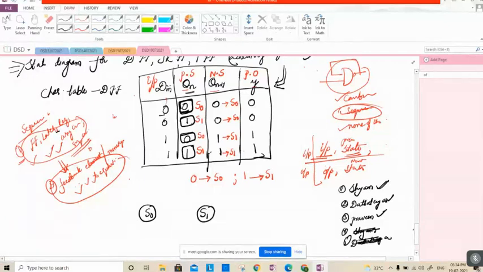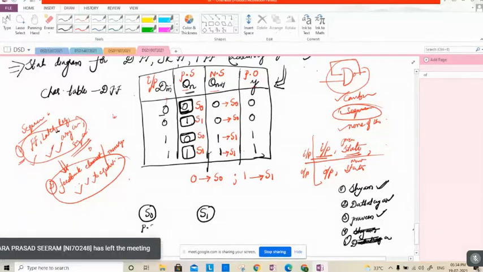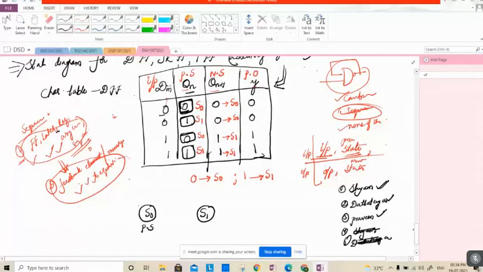Now we are at S0. This is my present state. And if Dn is equal to 0, what is my next state? 0. Same state, sir. So whenever D is equal to 0, it stays in the same state. Now my present state changes to S1. S1 is my present state.